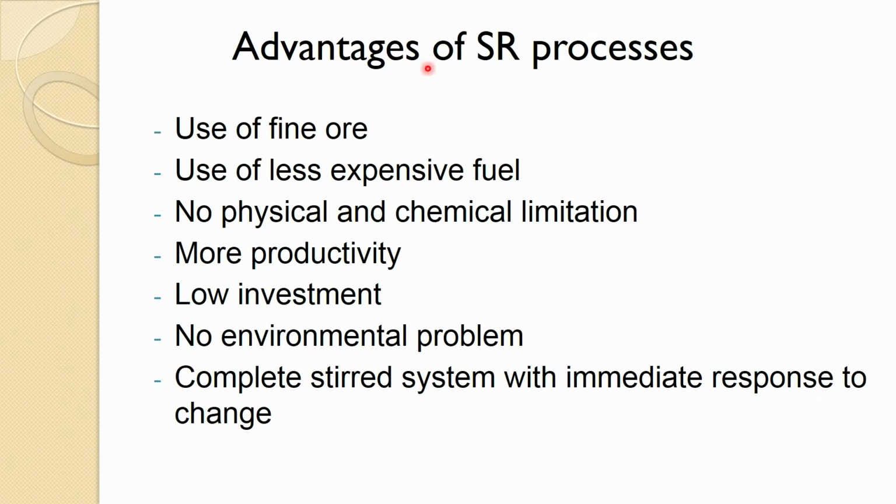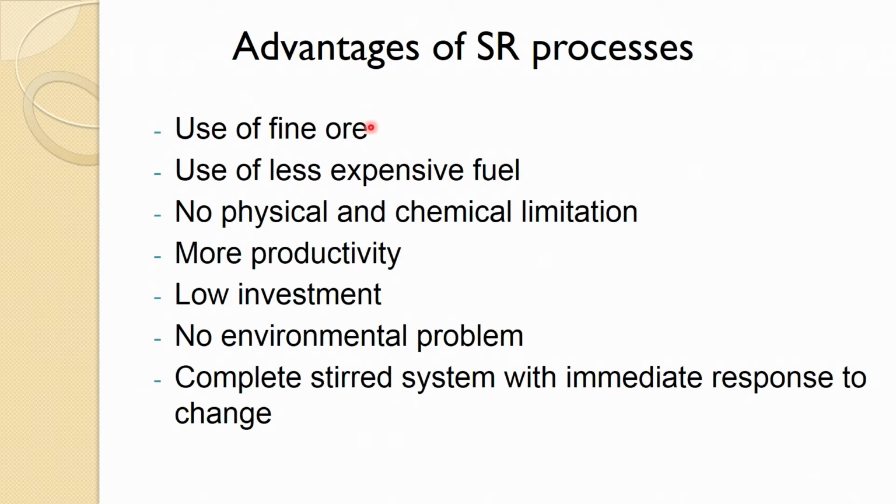So, the advantages of these smelting reduction processes are use of fine ore. This is very important actually. Even in the blast furnace, mining and other subsequent operations in raw material refining, lots of fines are generated in transportation.